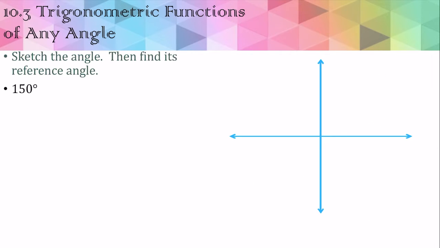So let's sketch our angle and then find the reference angle. So 150 degrees. So this is 0, 90, 180, 270, and 360. So 150 is between 90 and 180, and it's closer to 180, so probably something like that.